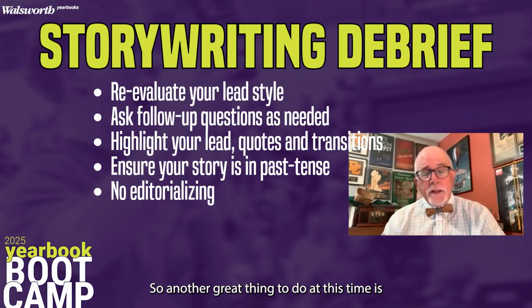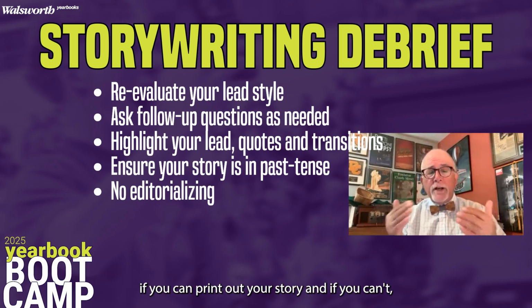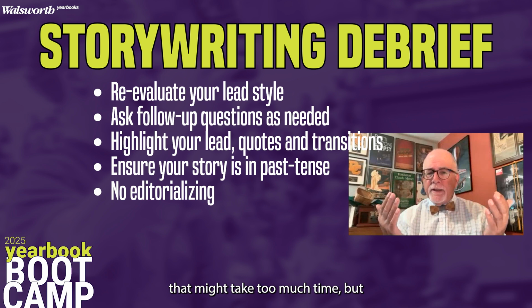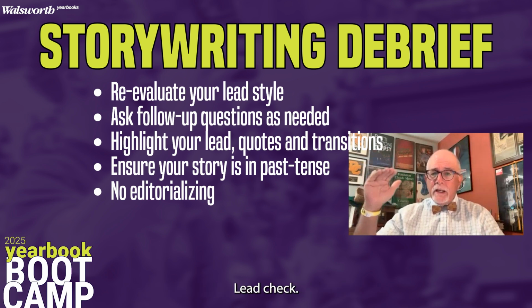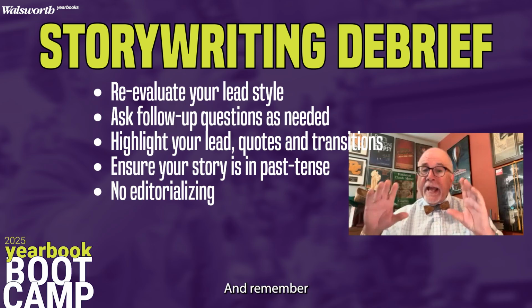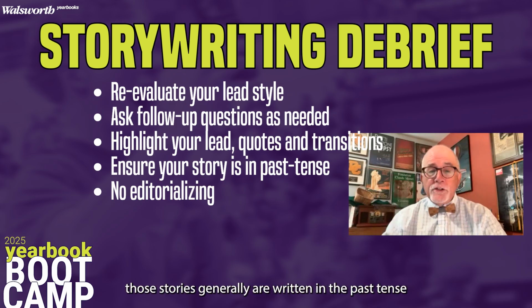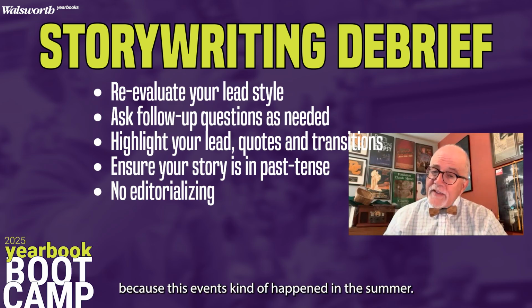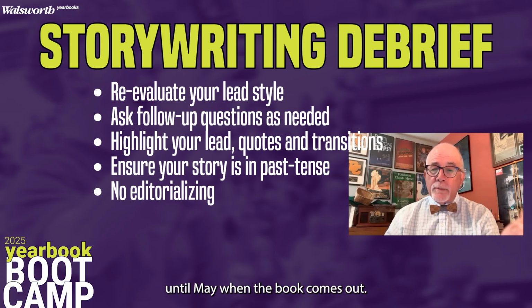Another great thing to do at this time is to print out your story, and if you can't, that might take too much time, but get to where you can identify: okay, lead, check. Quote number 1, check. Transition, ooh, that's good. It has good information. And remember little details. Stories generally are written in the past tense, because this event is going to have happened in the summer and your audience won't read it until May when the book comes out.